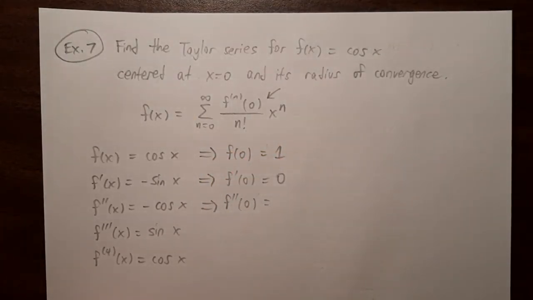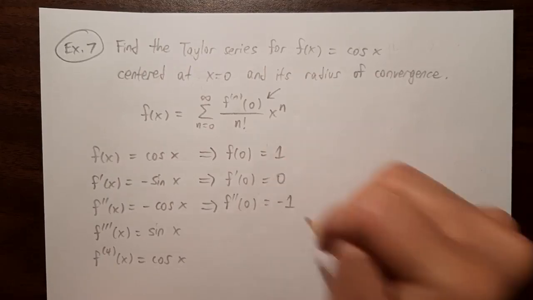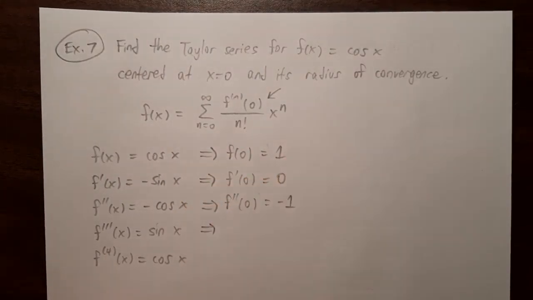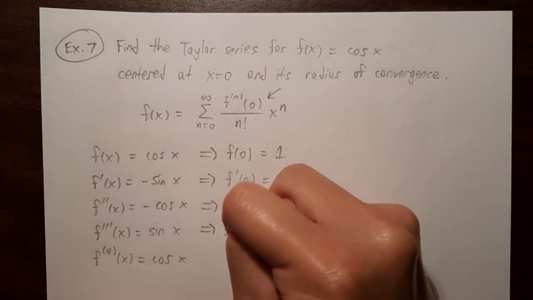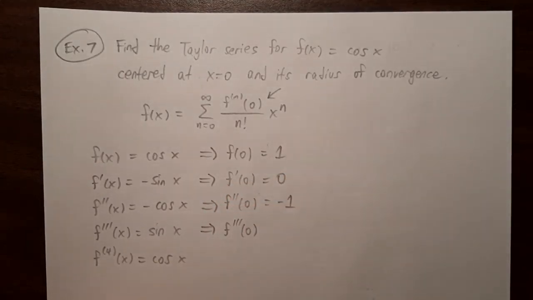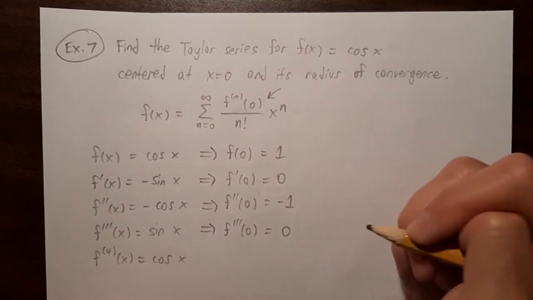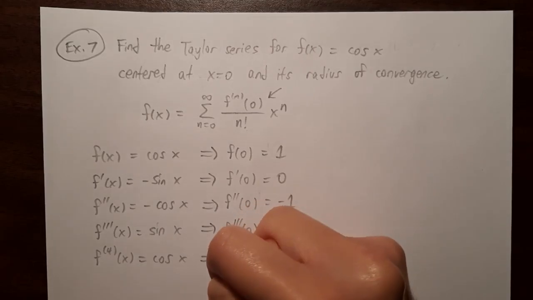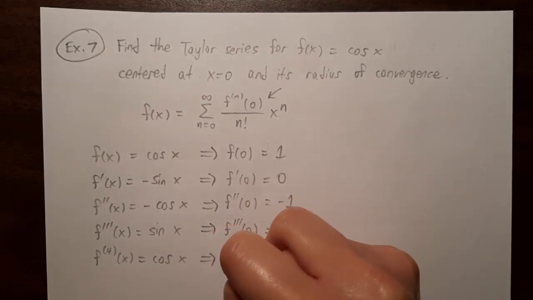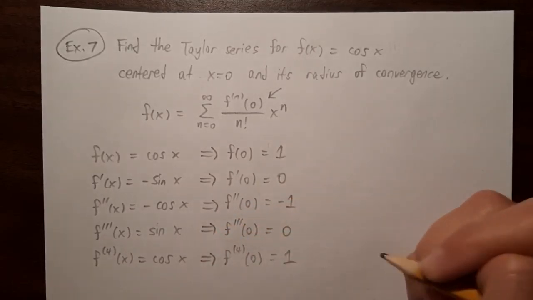We're going to have negative cosine of 0, so that's going to be a -1. And over here, we're going to have sine of 0 for my third derivative of f, so that's just going to be sine of 0, that's 0. And the fourth derivative, well, we've just gone full circle, so this is just going to be back to being +1 again.